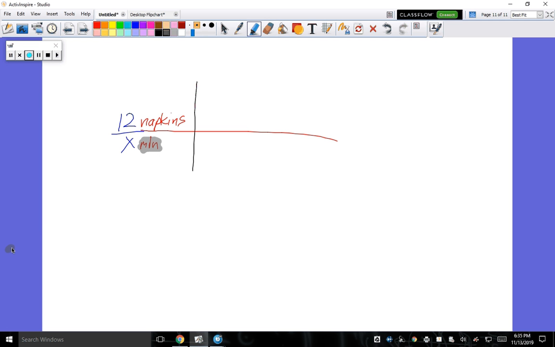If I want to get rid of minutes, and minutes is on the bottom, that means I'm going to have to put minutes up here and hours right here. What do I put for minutes? 60 for 1 hour. You with me? What's happening right here?